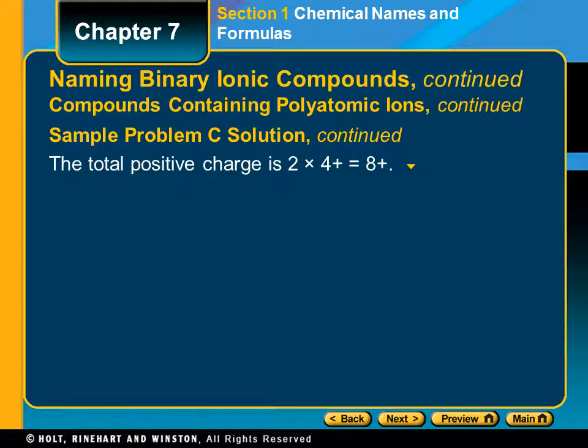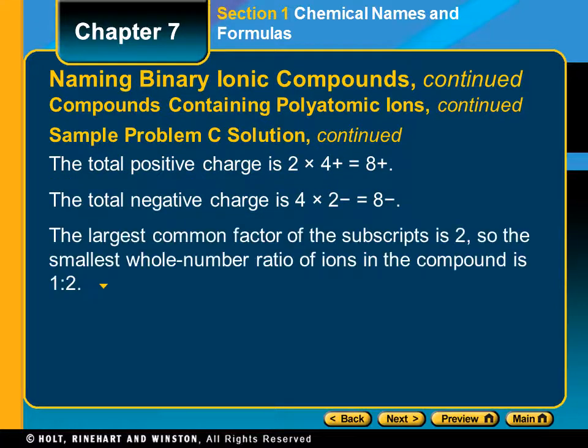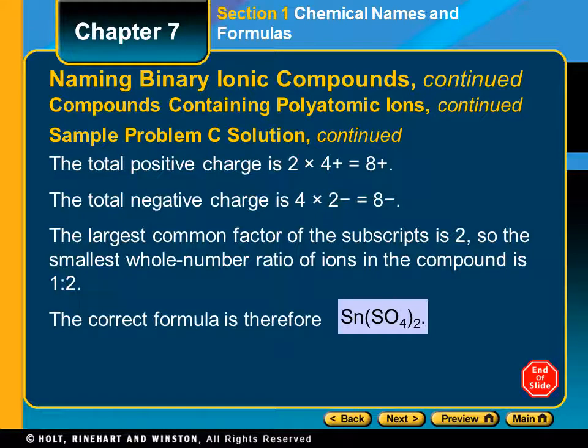Total positive charge is +8. Total negative charge is -8. The largest common factor of the subscripts is 2, so the smallest whole number ratio is 1 to 2. The correct formula ends up being Sn(SO4)2. The SO4 is in parentheses. The 2 is outside of the parentheses, meaning that there are 2 SO4 polyatomic ions that are bonded to the tin.